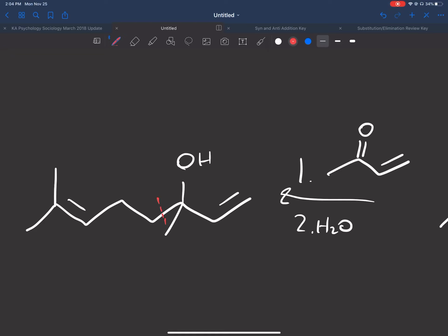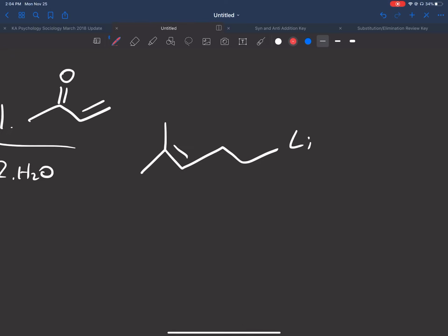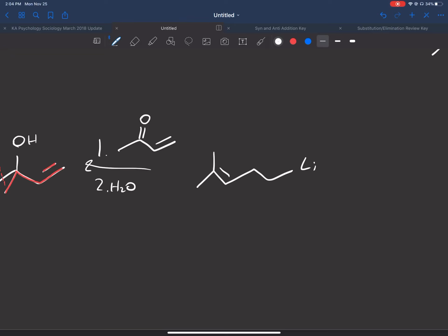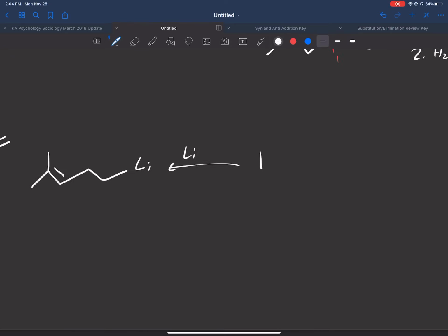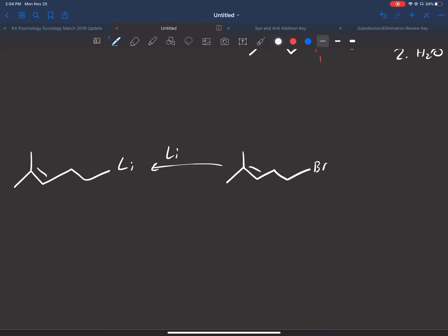OH becomes a carbonyl, and the substituents it has are a methyl and a 2 carbon group with this double bond. So that's what we put there. We have this lithium. And so now we're going to go again backwards. Oh, shoot. Sorry. Li. Br, and now we want to do PBr3.